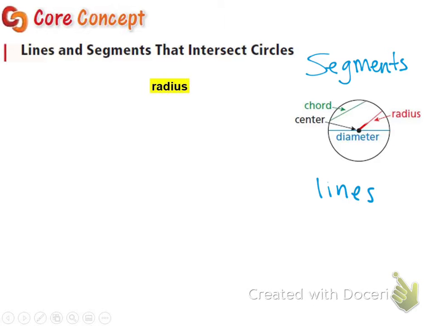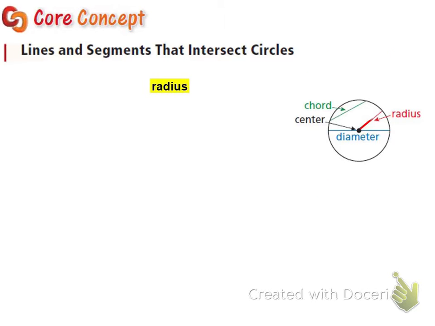This is a radius. You're looking at the wrong picture. This picture. Center to edge. Yes, the one that looks just like it. A radius goes from center to the edge.